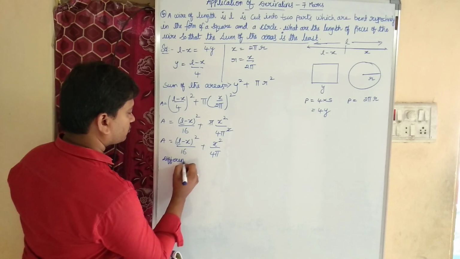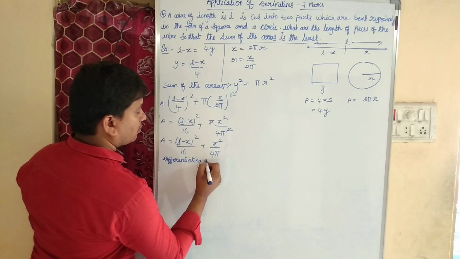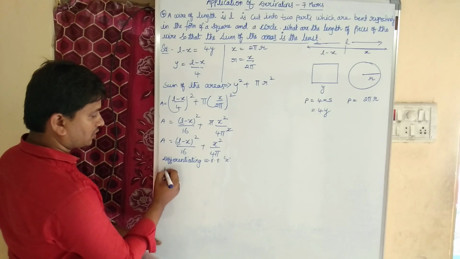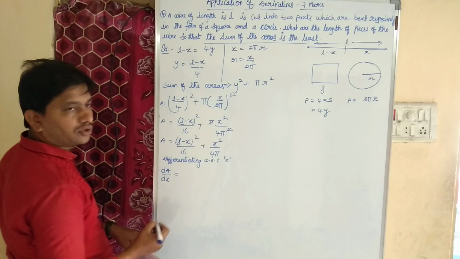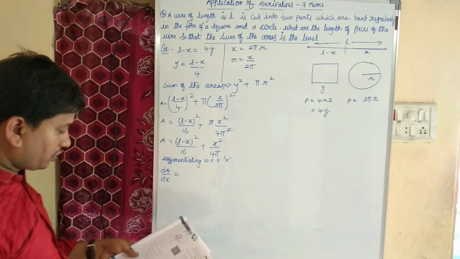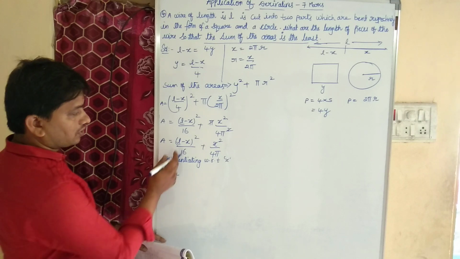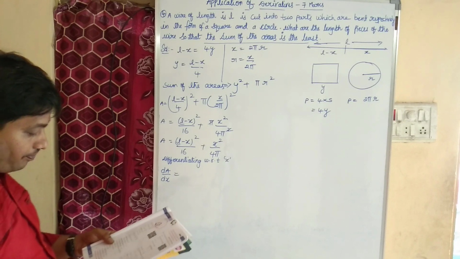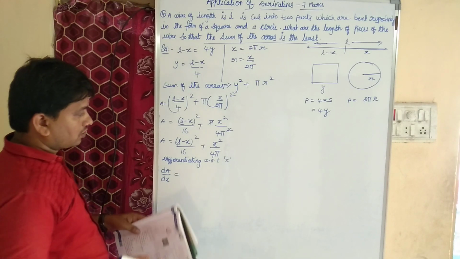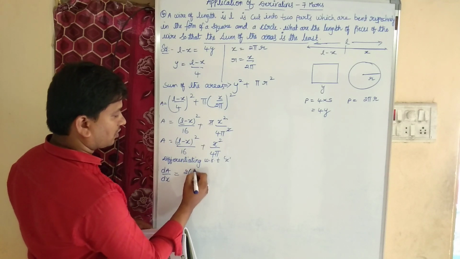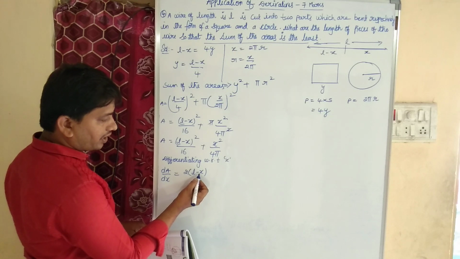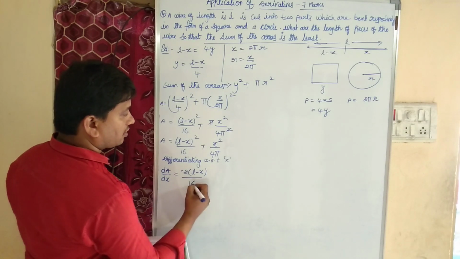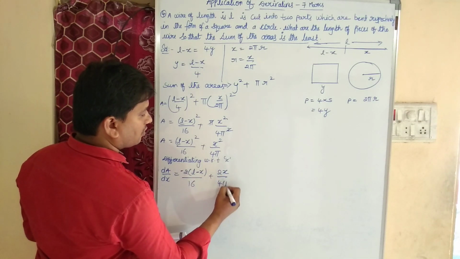Differentiating with respect to x, this will become dA by dx equal to, we are differentiating L minus x whole square, so 2 into L minus x, as the differentiation of minus x is minus 1, by 16, plus x square differentiation is 2x by 4 pi.